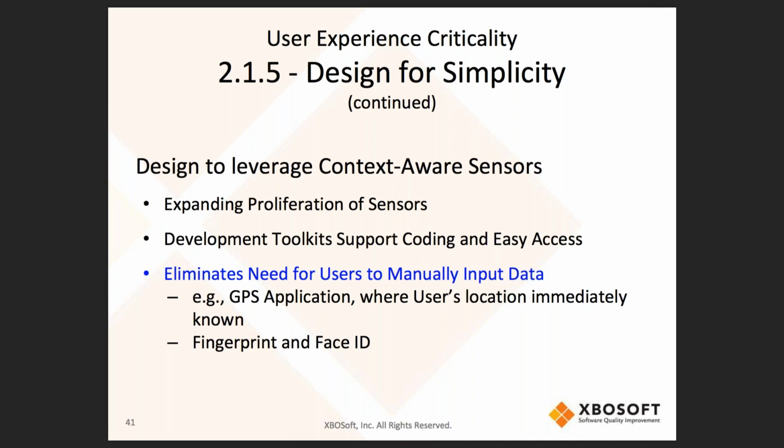GPS applications for driving, the application knows where you are. Fingerprint and Face ID, which will also have implications for augmented reality. Those cameras. So these are all sensors that are just feeding things into the device so that you don't have to physically do so.